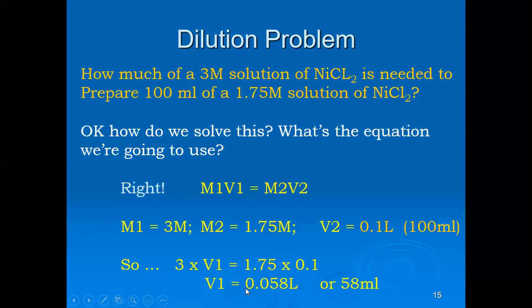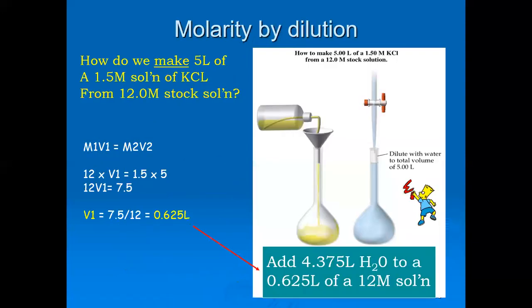So just by calculating, the result becomes 0.058 liter or 58 ml. It depends upon you whether you take volume in ml or in liter. There is no need to convert ml into liter.